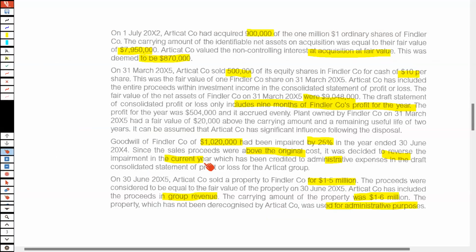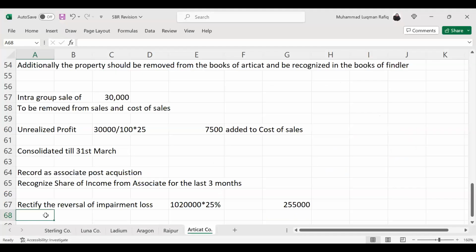Then what else needs to be done? Revenue to be reduced by the sale of NCA, 1.6 million.